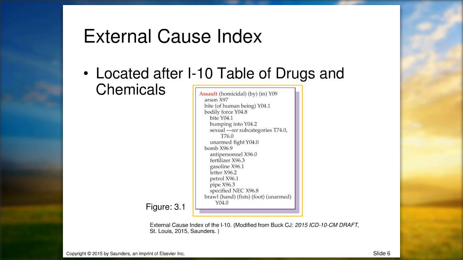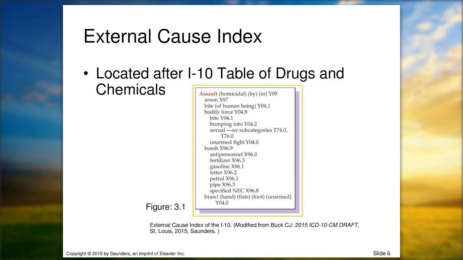They give you an example of what your external cause index looks like in figure 3.1. And you'll notice in your book as well, you'll be able to see what it looks like.